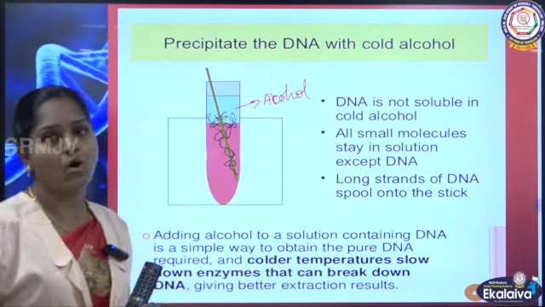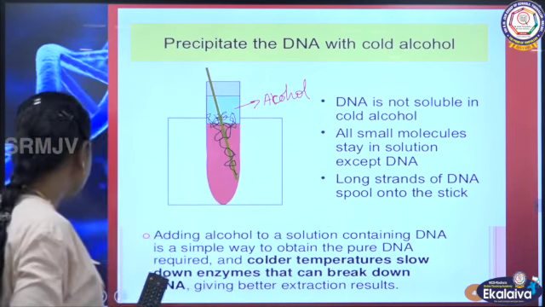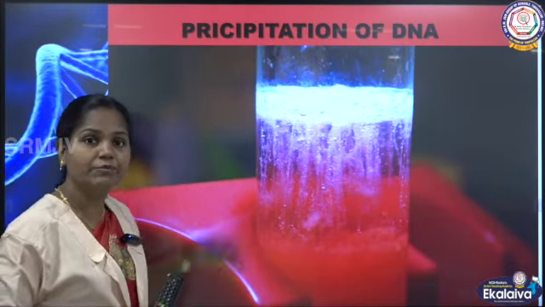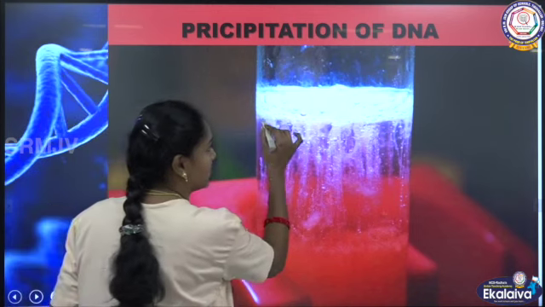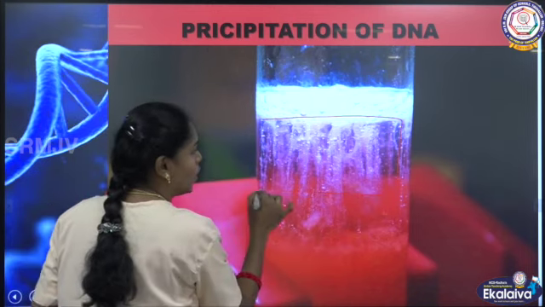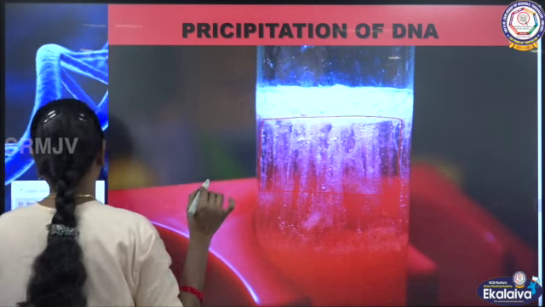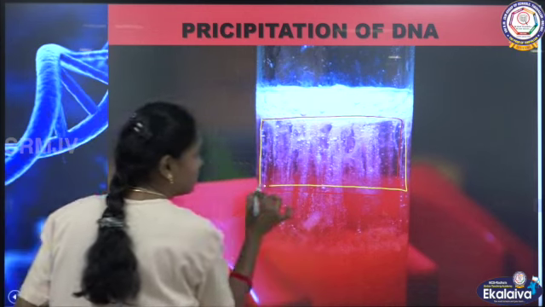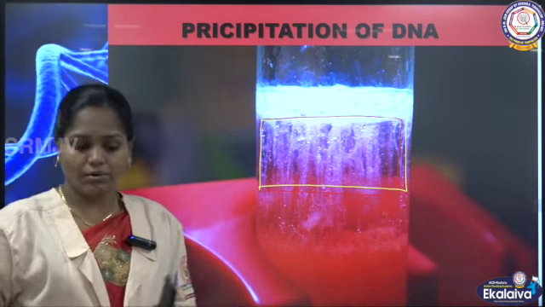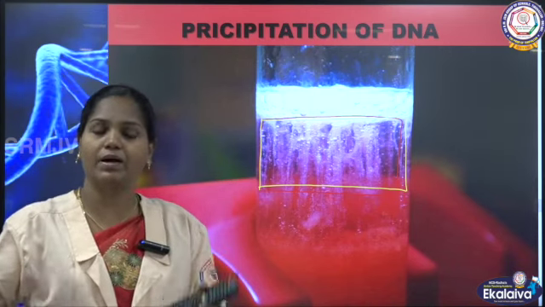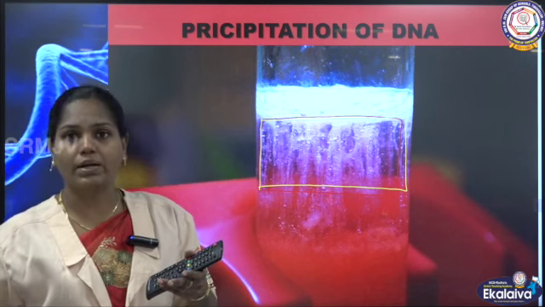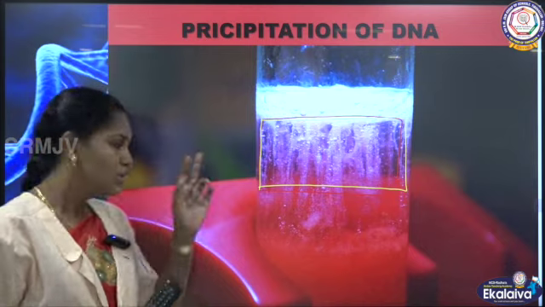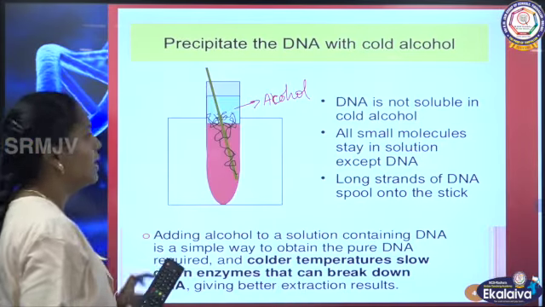When you leave it undisturbed for some time, the DNA present in that sample gets precipitated like this. Here you can very clearly see the precipitation of our DNA. The DNA will come out of that water into the alcohol solution like a fine thread. For this purpose only we are adding ethanol.